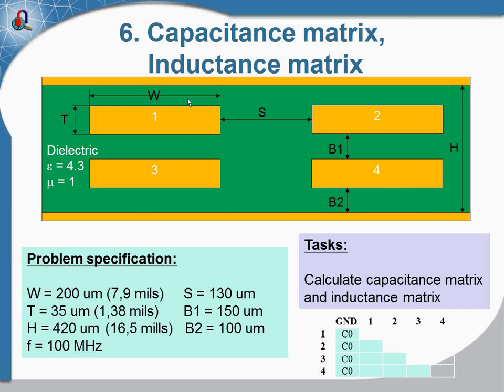Again, run the simulation and calculate the charge and divide the charge by the potential difference. And this you should repeat for each pair of conductors. All in all, you should run 6 simulations to calculate differential capacitance. QuickField allows to automate this task.